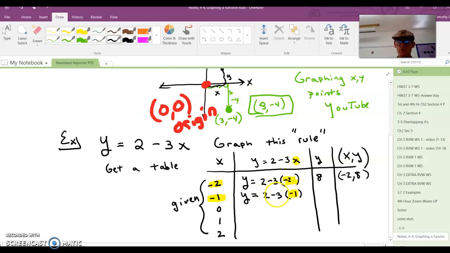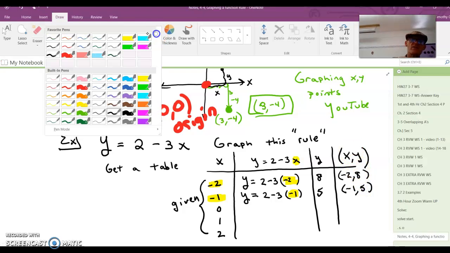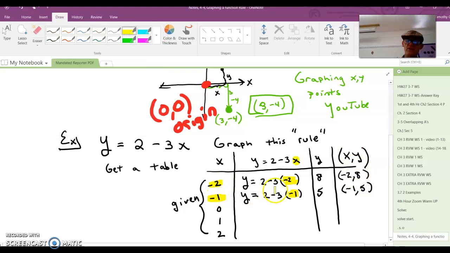So this one is 2 plus 3, which is 5. So this ordered pair is (-1, 5). You see, this x value stays there. This x value is here. And the y values you get, they're outputs, they're values you get from the rule.